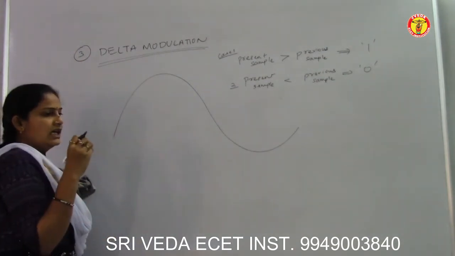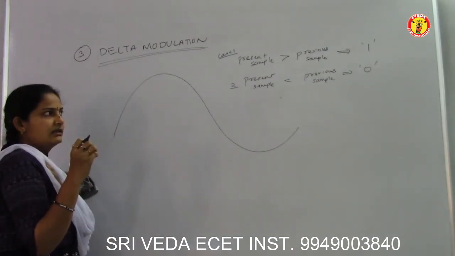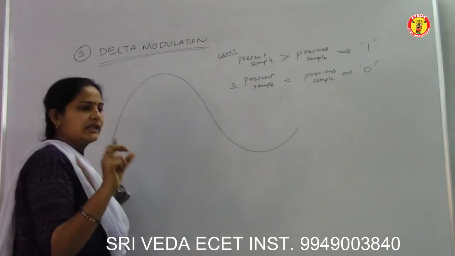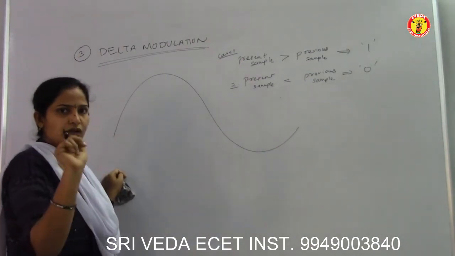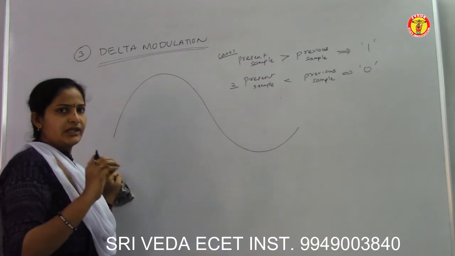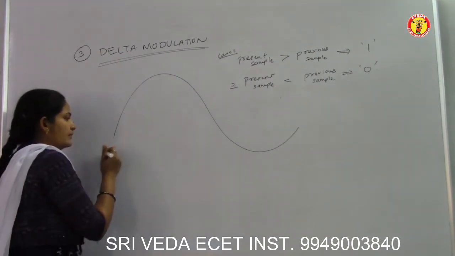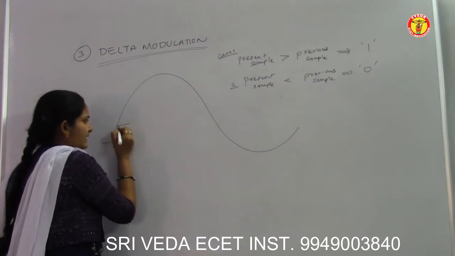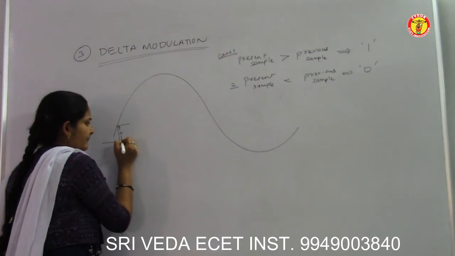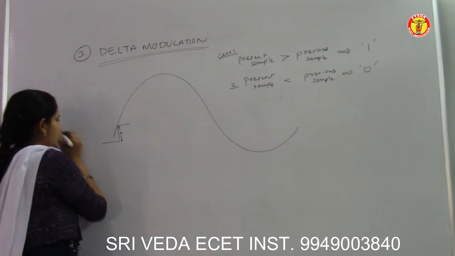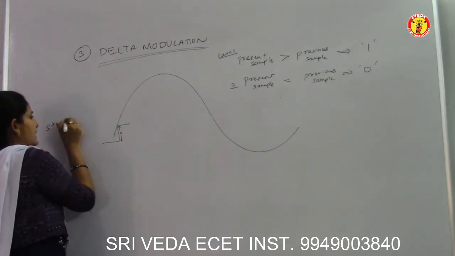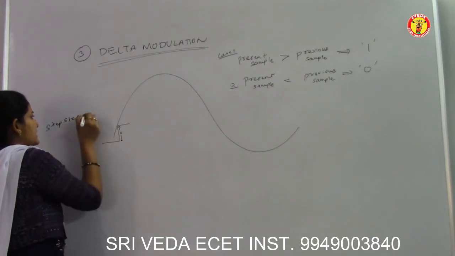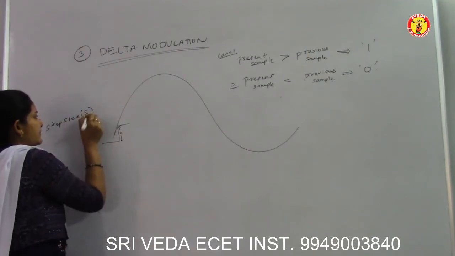The quantizer will start, and based on the quantizer output, a staircase approximation is generated here. Assume that as the amplitude is increasing, I will increase, and this is my step size, sometimes represented by delta.